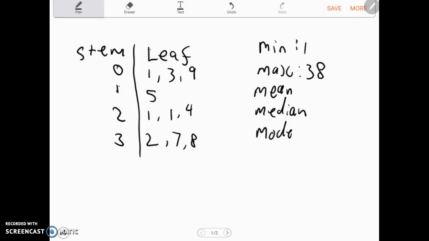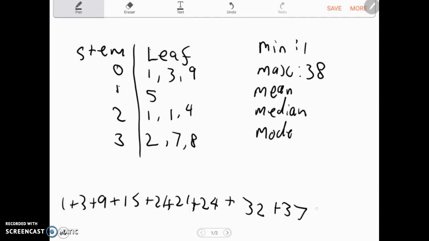The mean. So for the mean, we need to add all the data points up. So it's going to be 1 plus 3 plus 9 plus 15 plus 21 plus 21 plus 24 plus 32 plus 37 plus 38. I'll use my handy dandy calculator. Feel free to skip this part of the video if you find it boring.